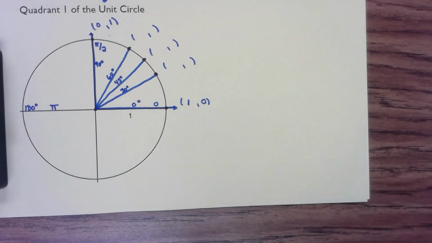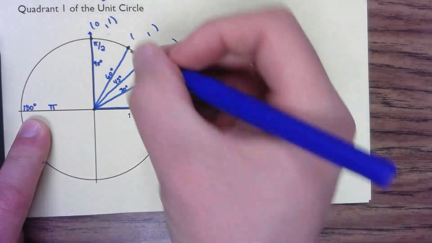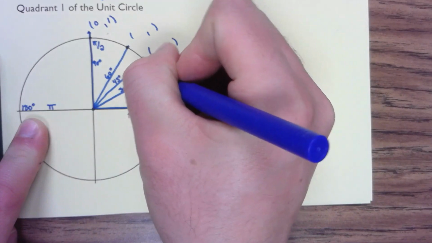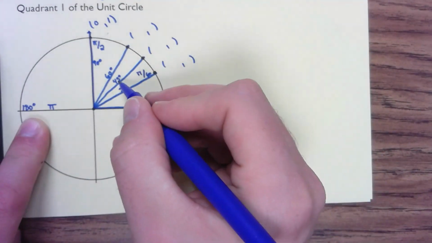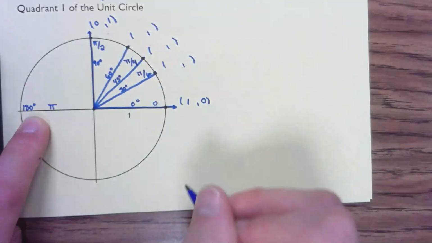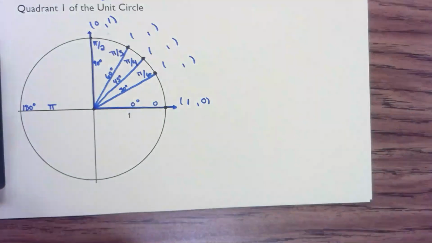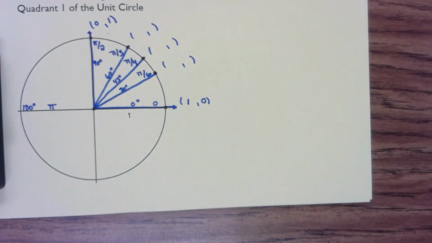We're just able to get more of a visual this way. So 30 goes into 180 6 times, making this radian pi over 6. 45 goes into 180 4 times, making it pi over 4. And 60 goes into 180 3 times, making it pi over 3. There's all of our radians and degrees.